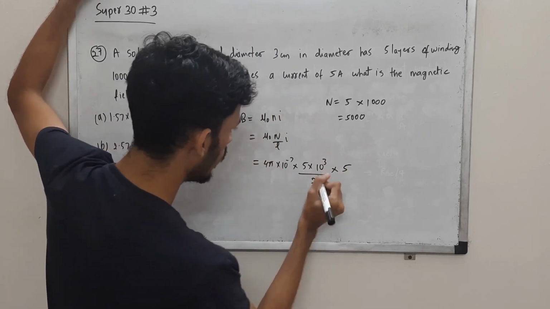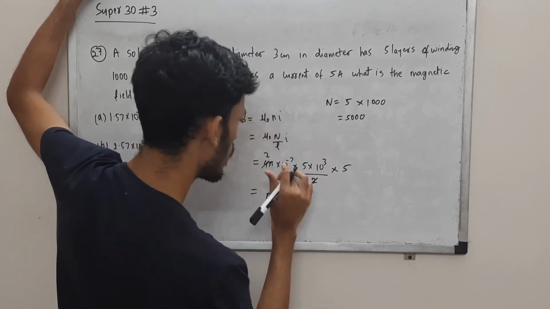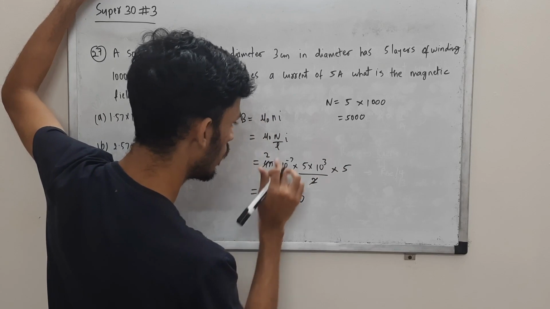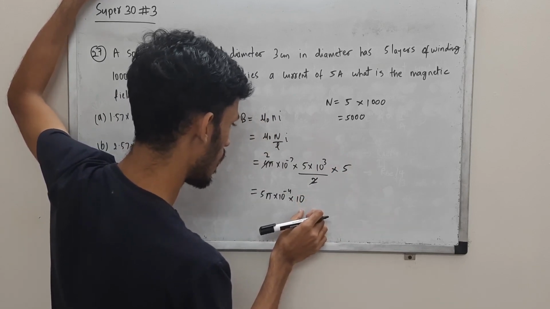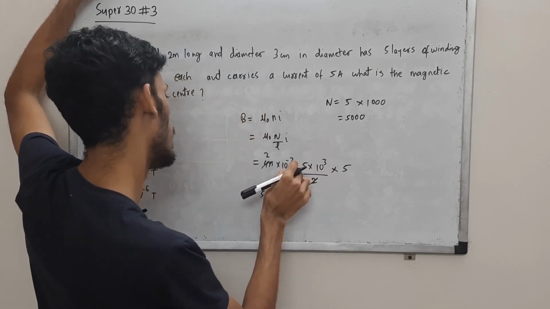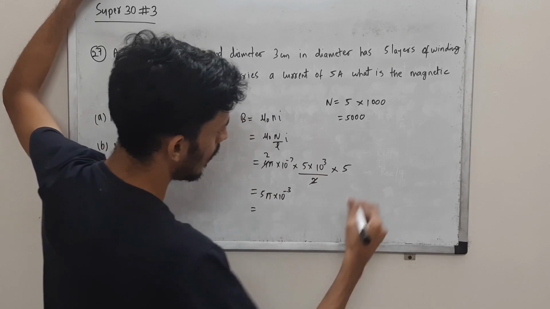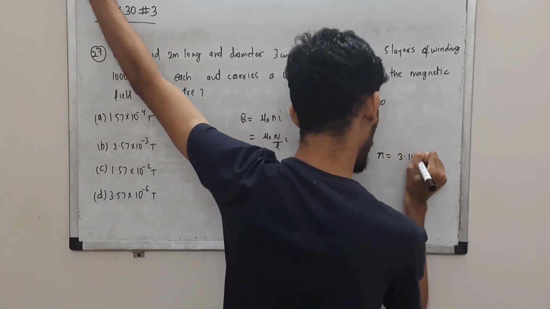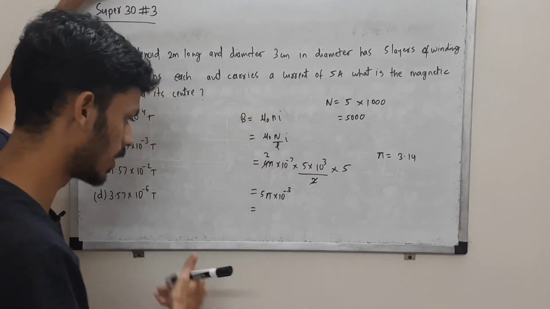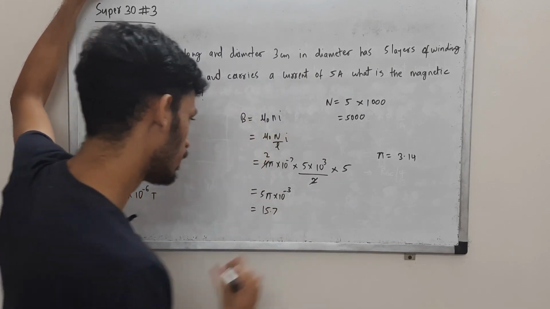Now what can we cancel? This and this we can cancel. We'll have pi and 10 to the power minus 4 from mu naught, and 5 times 5 is 25, which over 2 gives the remaining factor with 10 to the power 3, making it 10 to the power minus 3 overall. 5 pi is actually 3.14 times 5, which is 15.7.